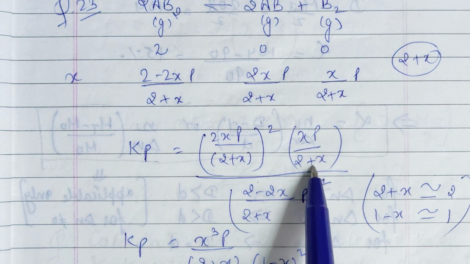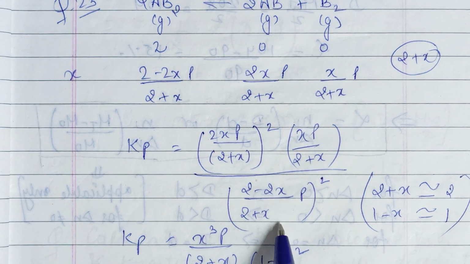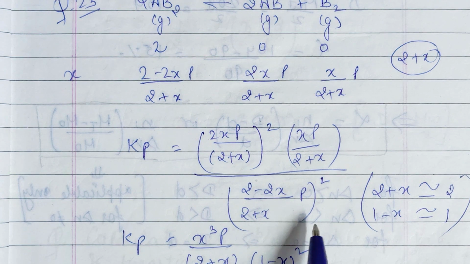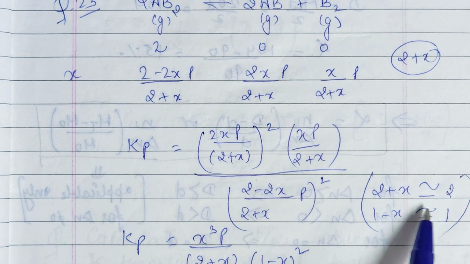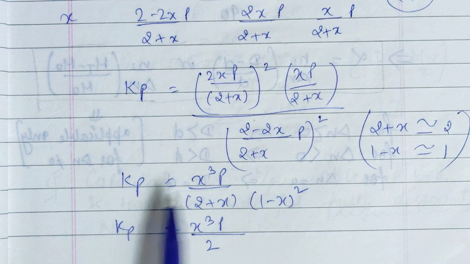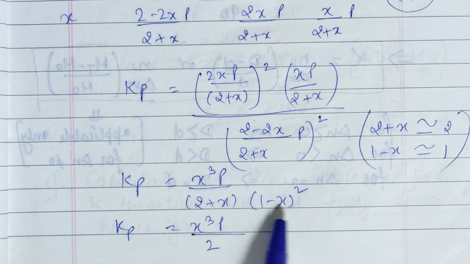Then B2's concentration XP upon 2 plus X. In the denominator we write reactants, 2 minus 2X upon 2 plus X, P whole square. And since 2 plus X is near about 2 and 1 minus X is near about 1, we replace. Kp becomes X cube into P upon 2 plus X, 1 minus X squared. So Kp equal to X cube P upon 2.